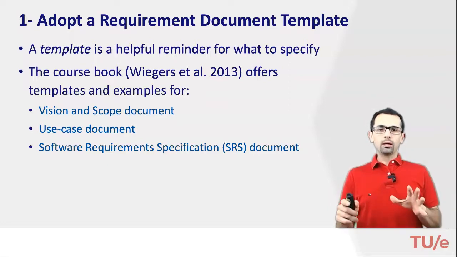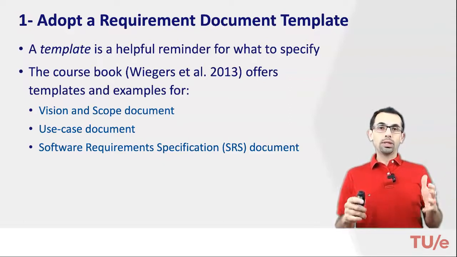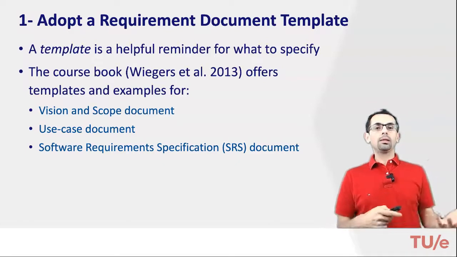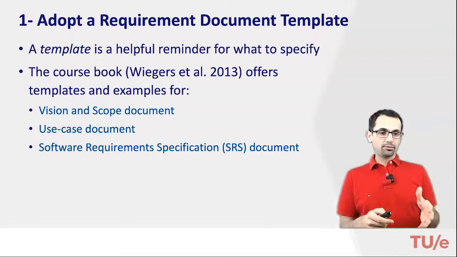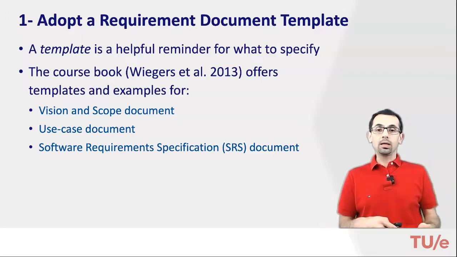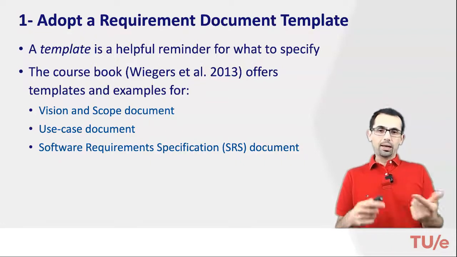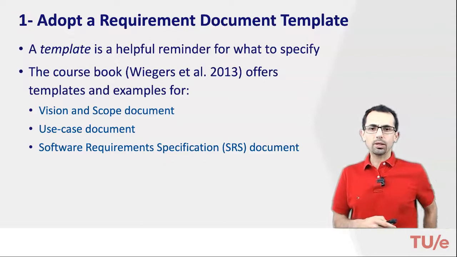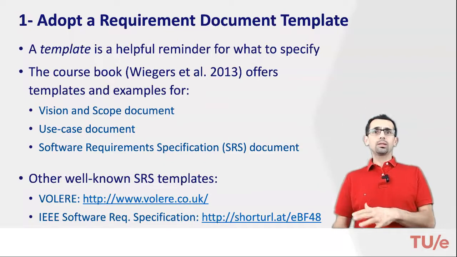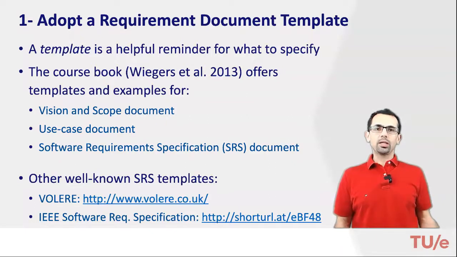Okay, and one of the course books, from Wiegers, already offers quite nice templates that I have asked you to use in assignment A and assignment C: the vision and scope document in assignment A, and the software requirement specification in C, and in fact you may as well use the use case document in assignment C. But there are other ones commonly used in practice as well, like the Volere template or the very old traditional IEEE software requirement specification template.